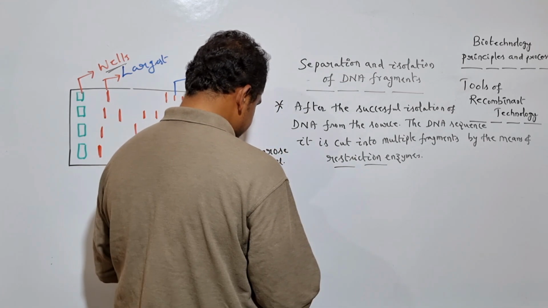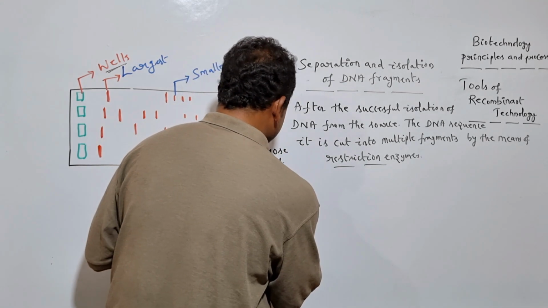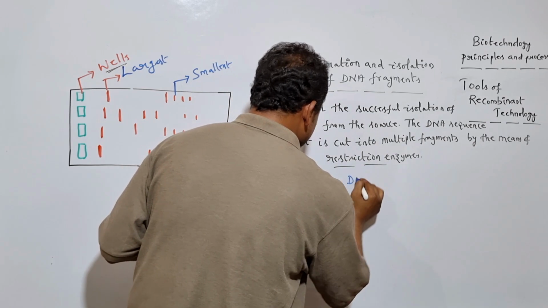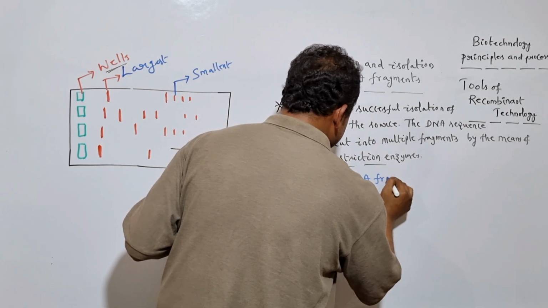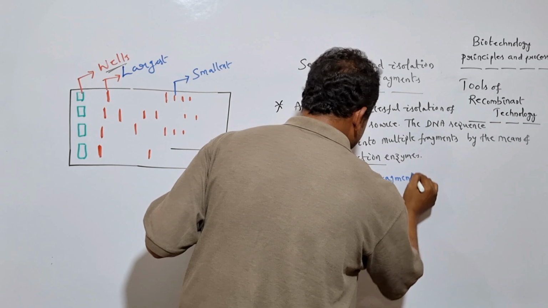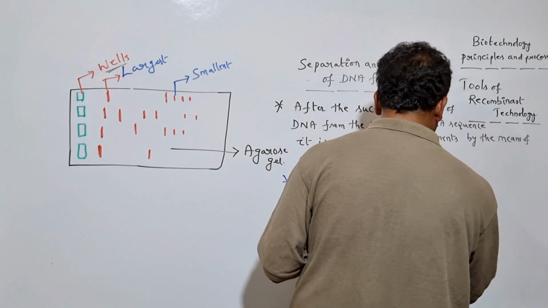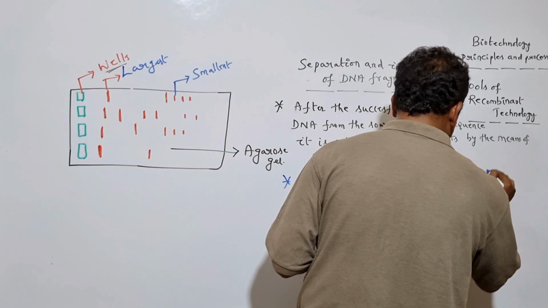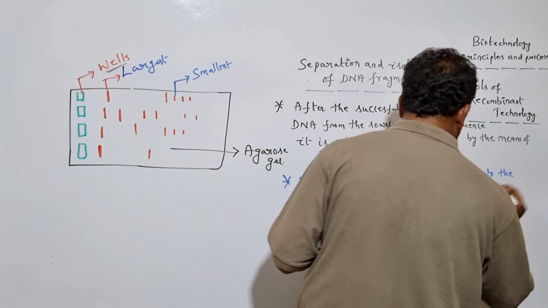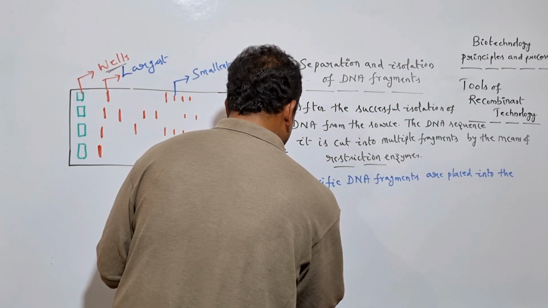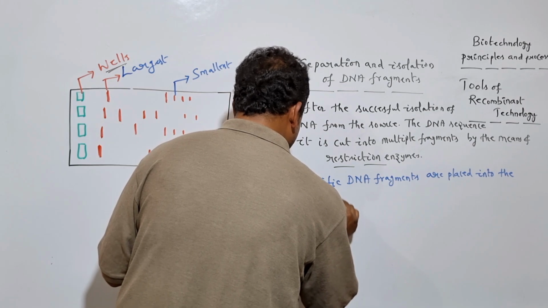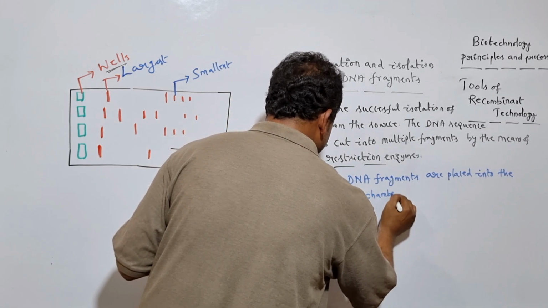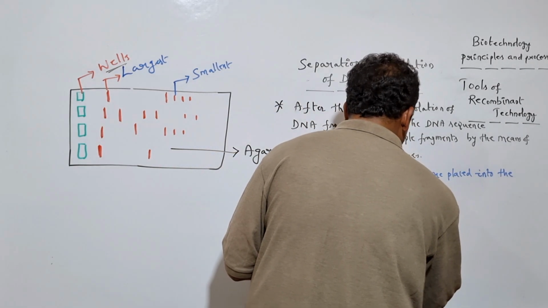So let me write it here. Specific DNA fragments are placed into the electrophoretic chamber by means of wells.